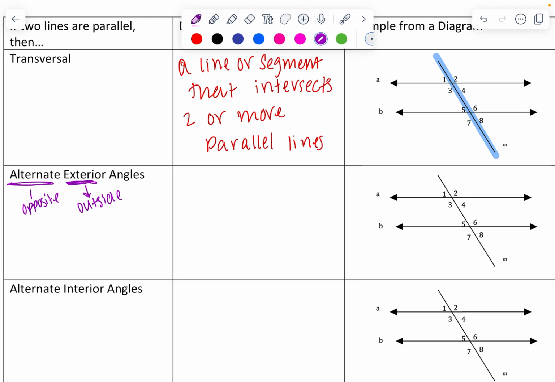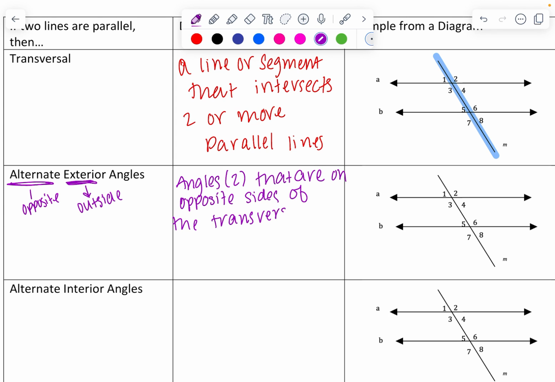So what these sets of angles are describing are two angles that are on opposite sides of the transversal and outside of the parallel lines.